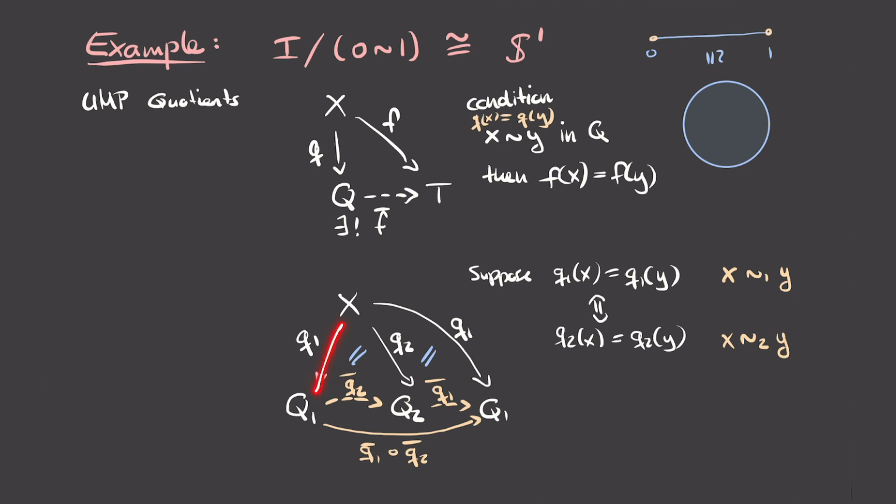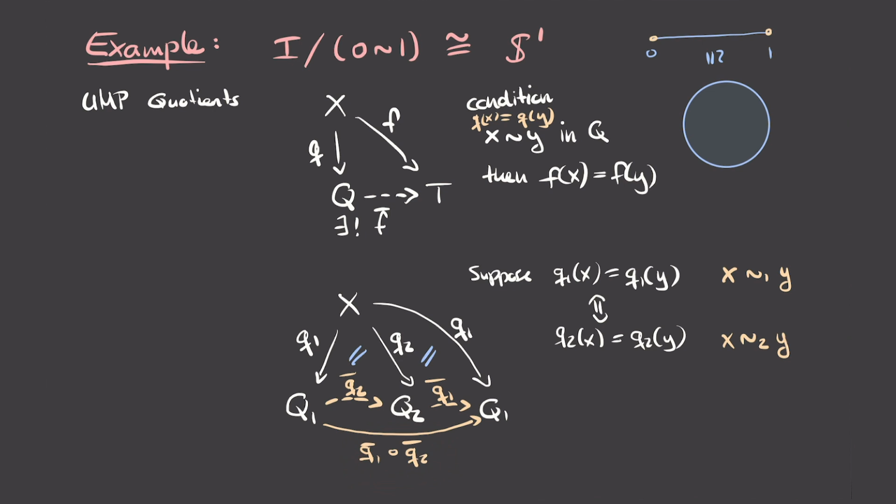This then implies that this composition, which I'm drawing with the red arrows, makes this whole outer triangle commute. If you look at what we were composing along the bottom, that's just the composite map Q1 bar after Q2 bar. Therefore, doing first Q1, then the composite Q1 bar after Q2 bar is the same as doing Q1. Therefore, this map makes this outer triangle commute.